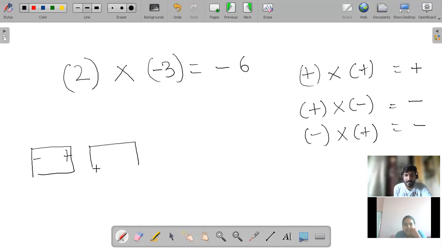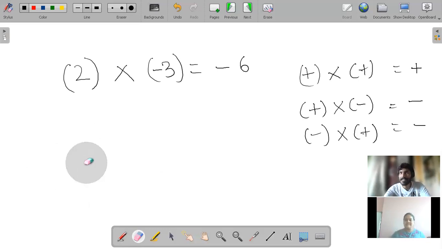Another magnet also. Plus and plus will attract. Oh, I'm sorry, opposites. Okay, wait, this is not a good example. I'll think of a good example.